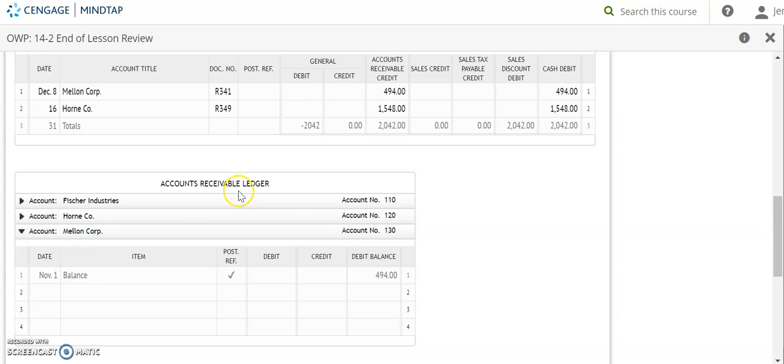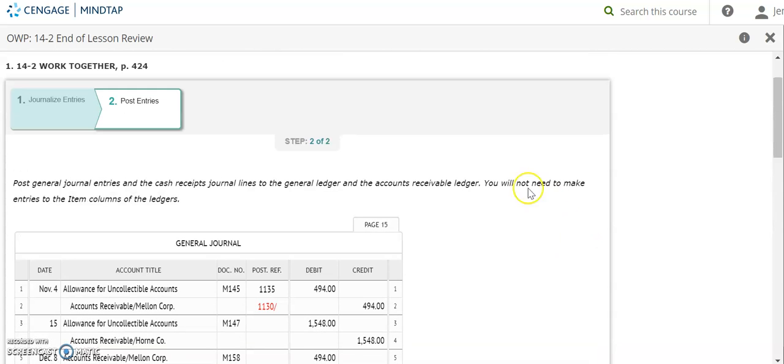So my Mellon Corporation is my accounts receivable ledger. The date is the 4th, G15. I'm crediting for $494. And here, if we were doing paper and pencil, we would just draw a line through this. But since we're not, we're going to put a 0. The other thing, this is where they were talking about you will not need to make entries to the item columns.